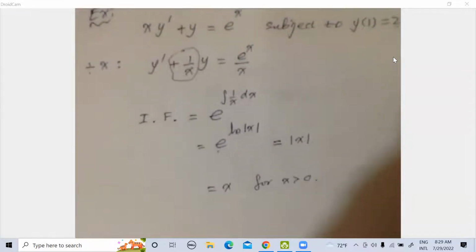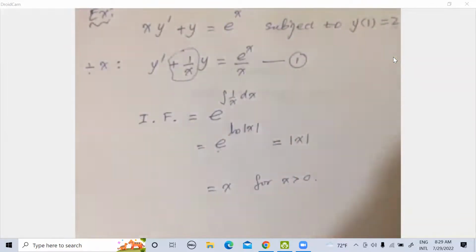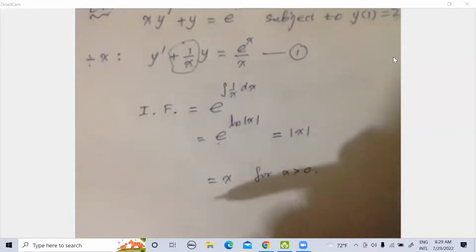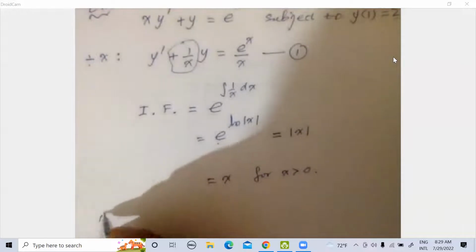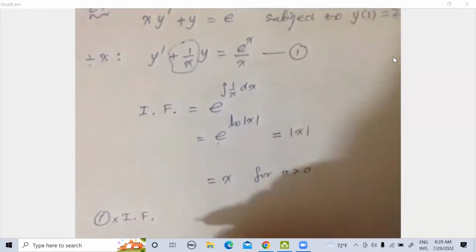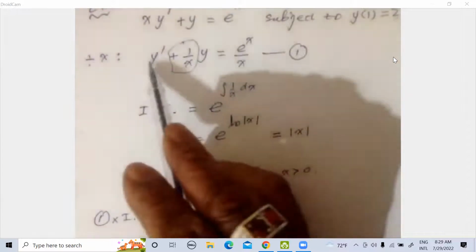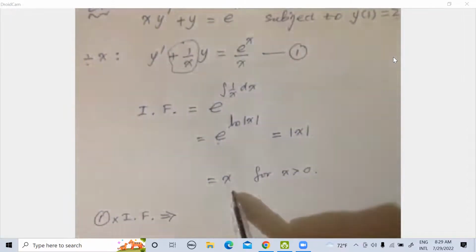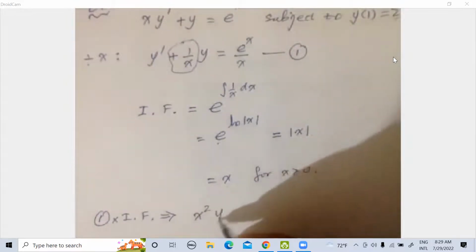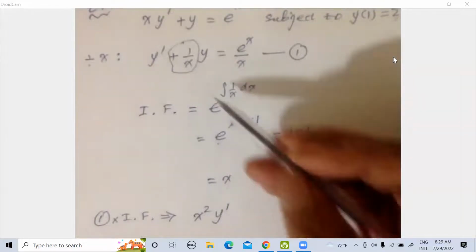Understand it? Now what do we do? We go to equation 1 and multiply it by the integrating factor. Take this equation and multiply by x. So what is this here? x squared y dash. I'm using y dash for dy over dx, since I want you to get used to that also.